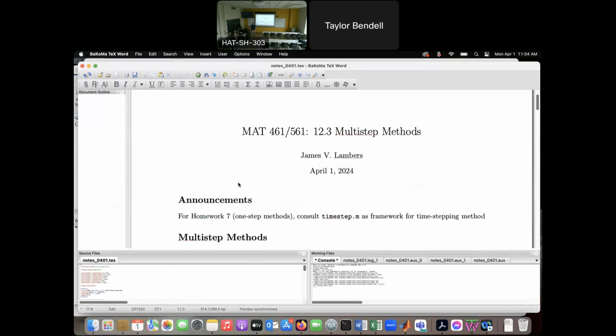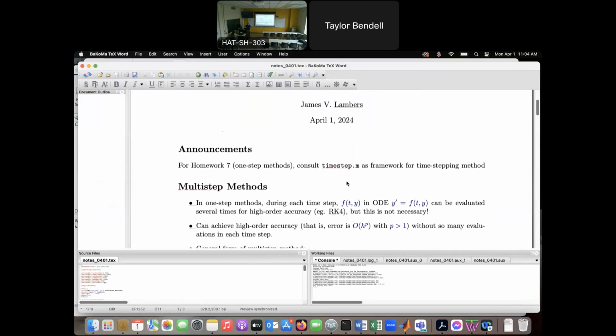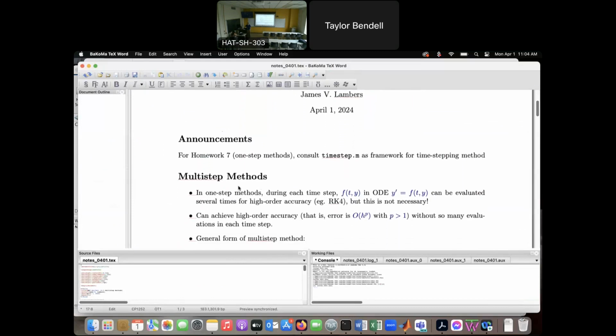Okay. So since we've just been seeing one-step methods, now we're going to look at the opposite of that, multi-step methods. In one-step methods, during each time step, you're at time tn, you've computed a solution up to that point, and you want a solution at time t n plus 1.